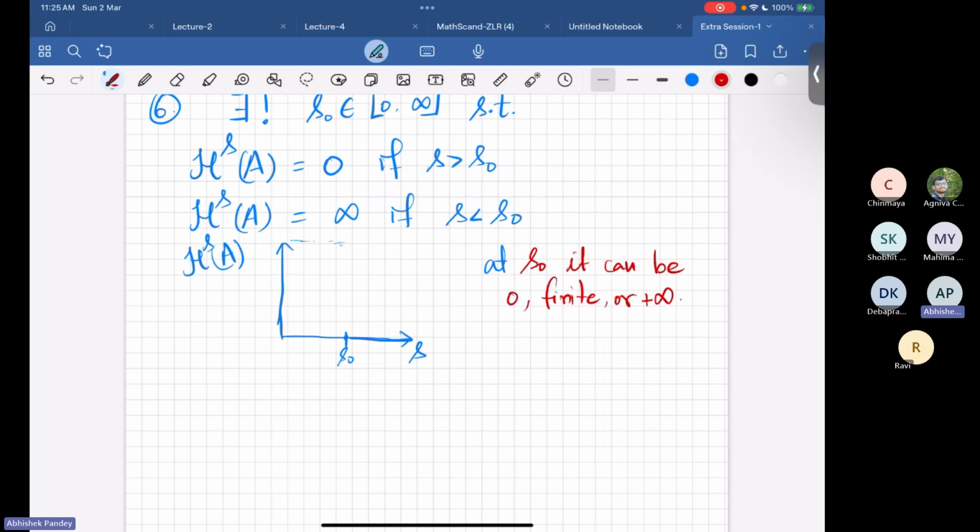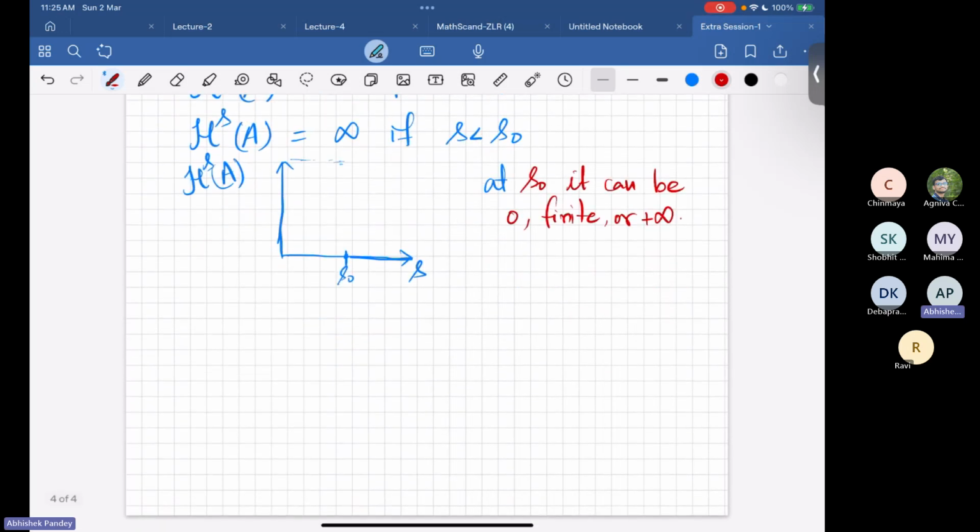Okay, but anyway, this says that every set has a reasonable dimension to be used in the Hausdorff measure sense. So basically, what we want is this one only. I haven't defined it yet.